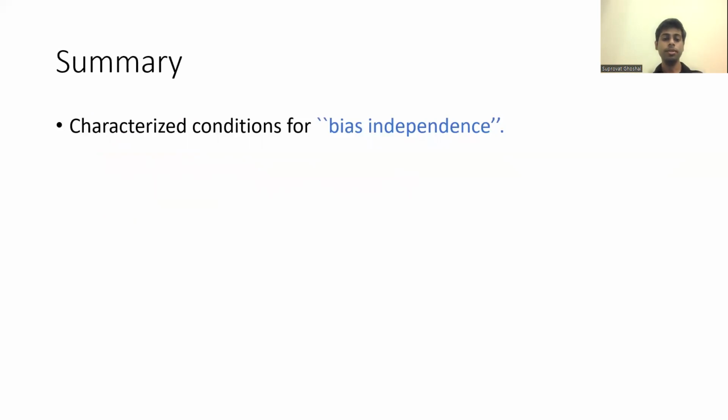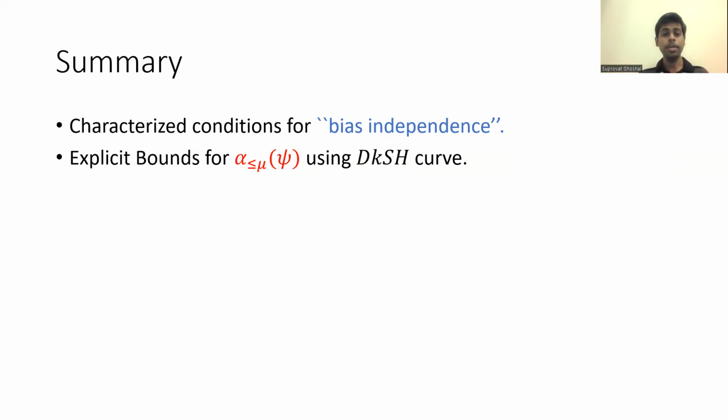So just to summarize, in this work, we give a clean understanding of when a biased CSP on a predicate admits approximation algorithms that are independent of the bias parameter. We go a step further. We give explicit bounds for the bias approximation curve of the Densest-k-SubHypergraph problem.